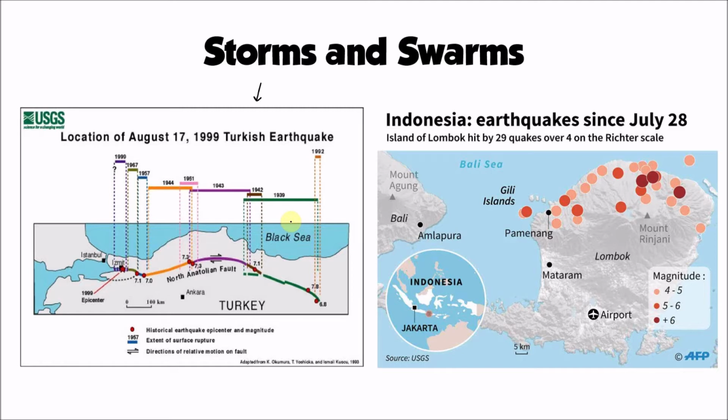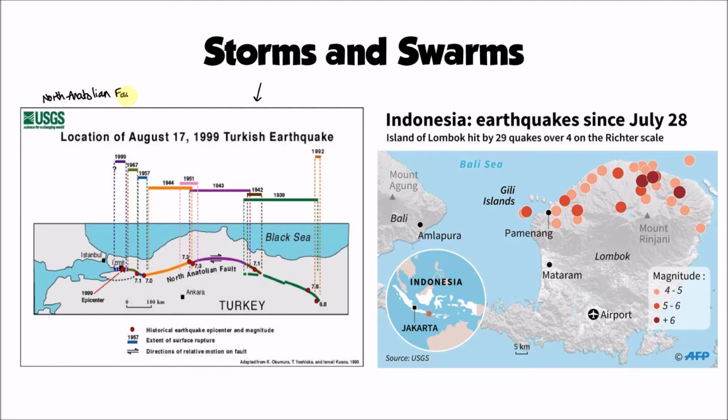So an earthquake in one location will build up stresses on another part of the fault line, causing that area to experience an earthquake maybe 2, 3, 5, even 10 years down the line. This example here shows the North Anatolian Fault.